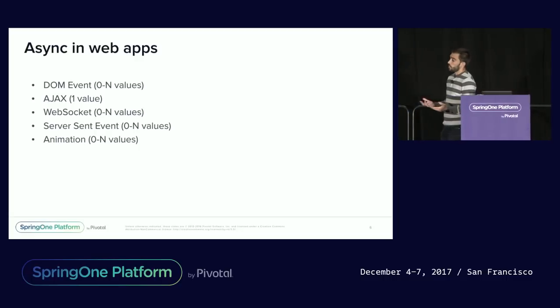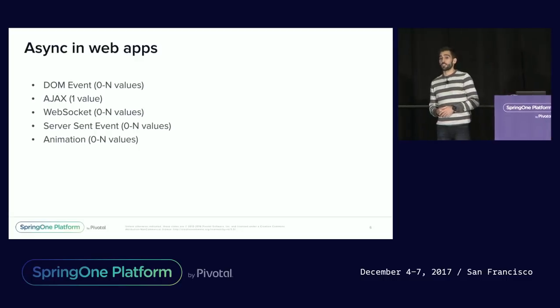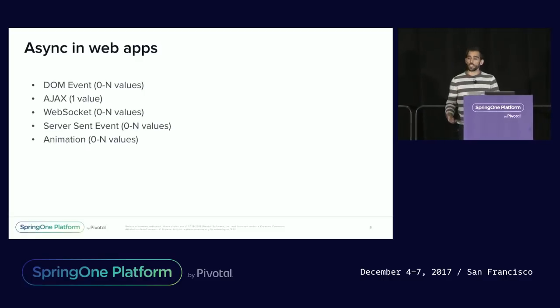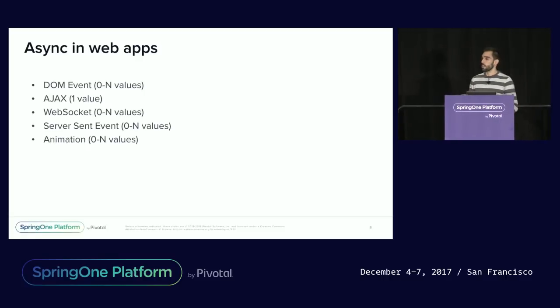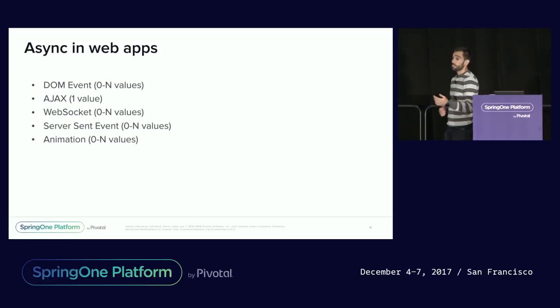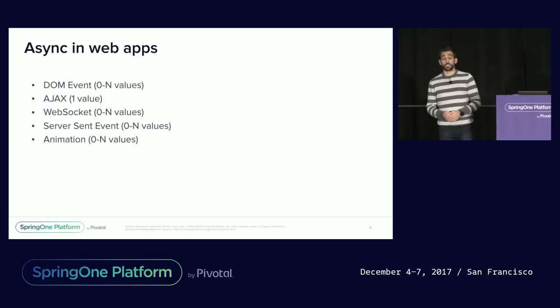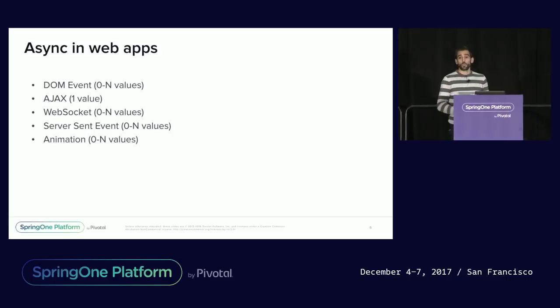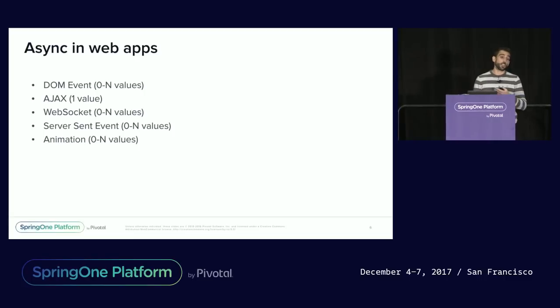So if we take a look at our web apps, we have a lot of events, right? These could be DOM events like mouse clicks or mouse moves, or maybe something that we type into a text input. We could also have AJAX requests. Those are also asynchronous requests. We could have WebSockets, right? Basically sending streams of data.